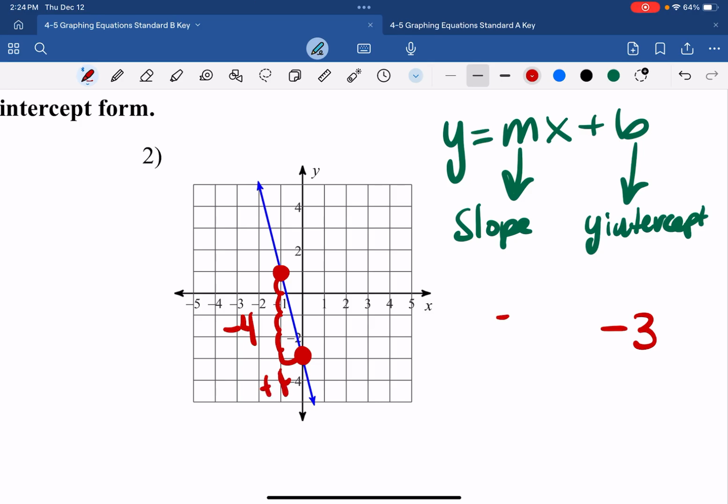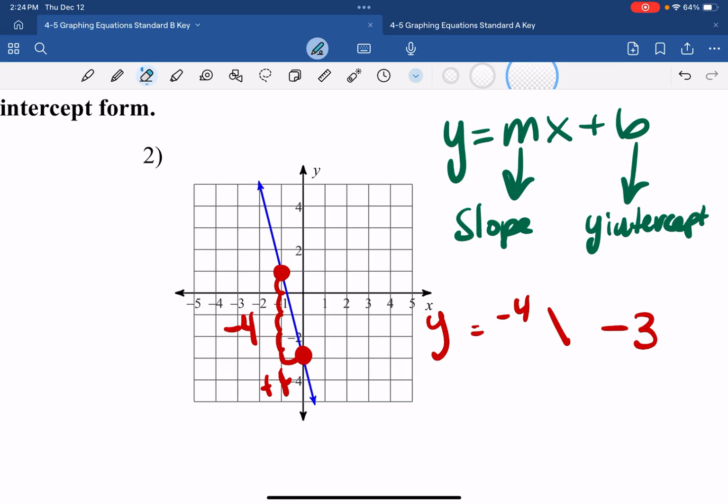So that's -4 over 1, x. And if I want, since it's just a 1, I can get rid of that 1. And then that's my answer. So that's what you're doing here. You're just going to write that equation.